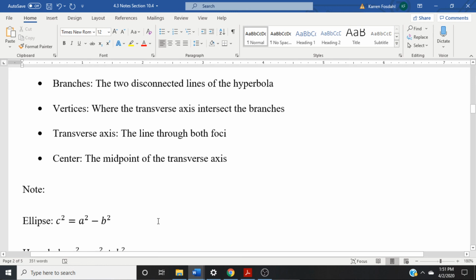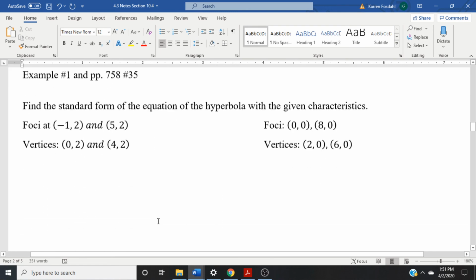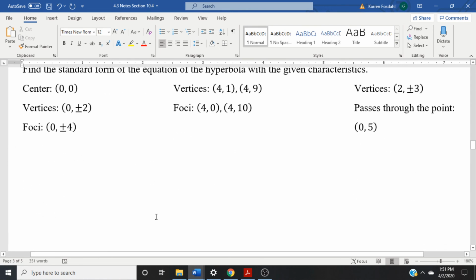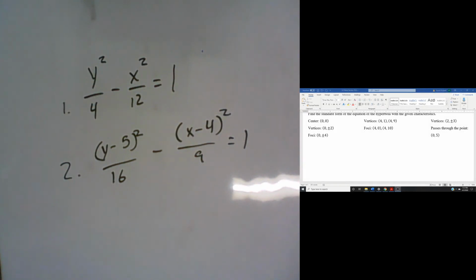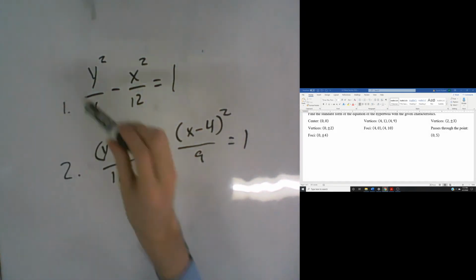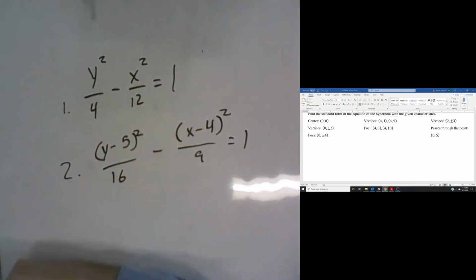It doesn't matter about greater or less than, it just matters about where the positive is. So that's why our two answers are going to have the y as positive.